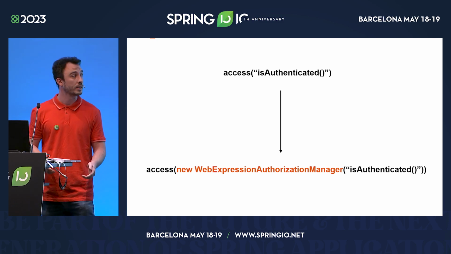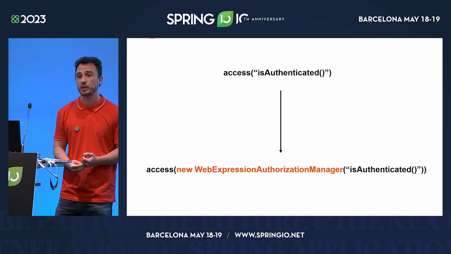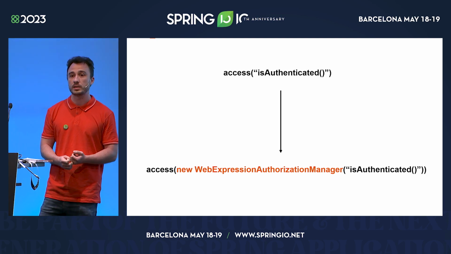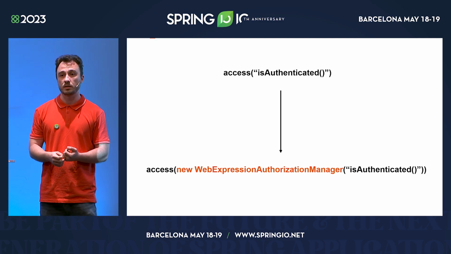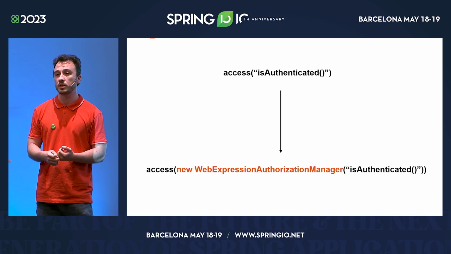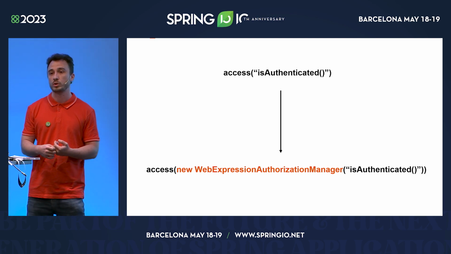If you have it programmatically using an object like an implementation of the AuthorizationManager interface, which is now the object the access method receives as a parameter, it's creating a much cleaner way to implement your authorization rules using the access method.